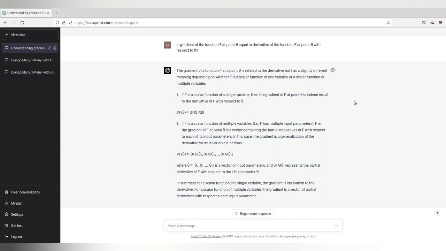And it was a great answer from ChatGPT, and it told me that, yep, for a one variable function it's a derivative, but for a multiple variable function it is a vector of partial derivatives of f with respect to each input parameter.